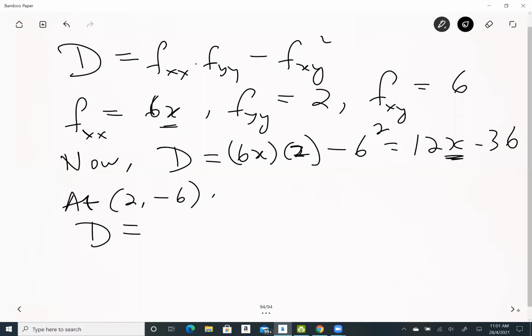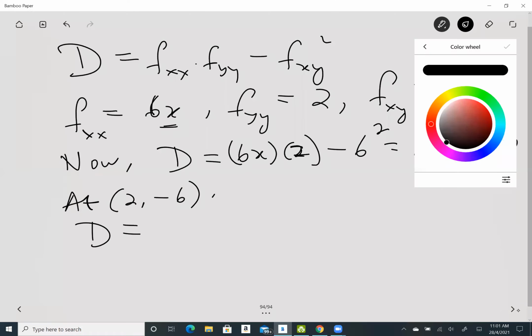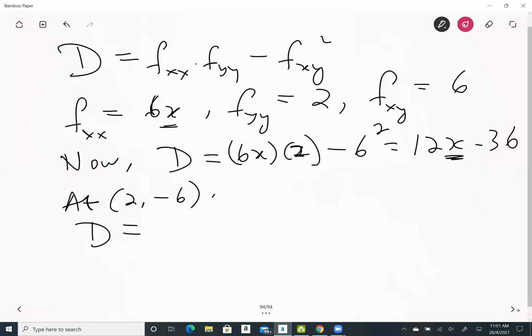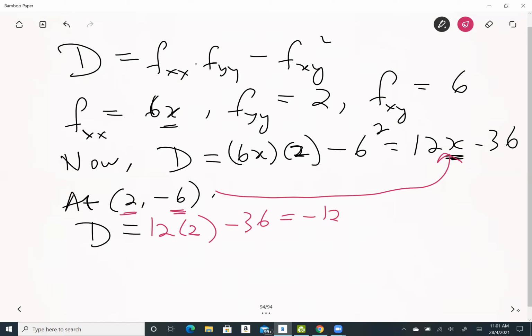Depending on the value of D, that is where you have to substitute the critical point, the value of x and value of y, into that D. So what do I get? I get 12 times 2, minus 36, which is 24 minus 36. That is -12, so that is less than 0.